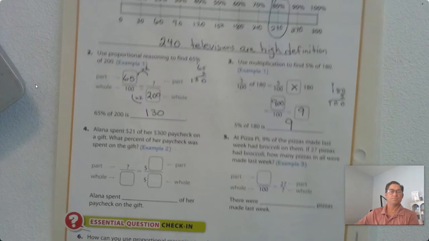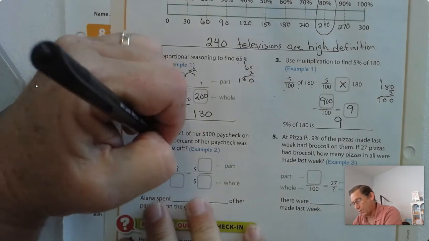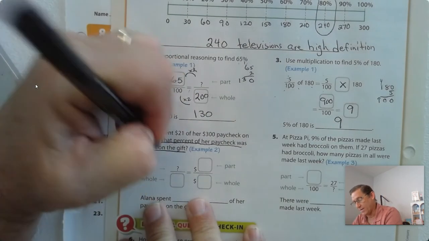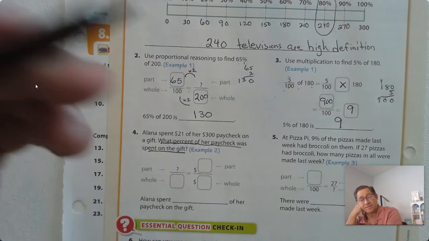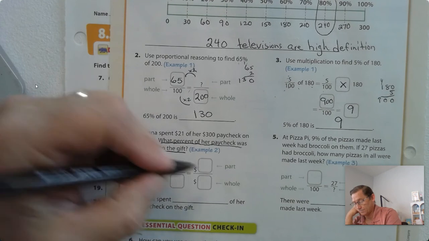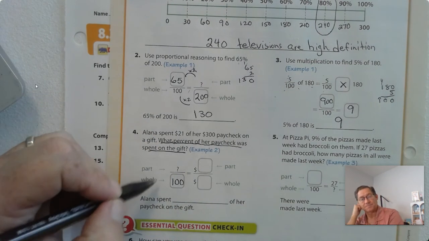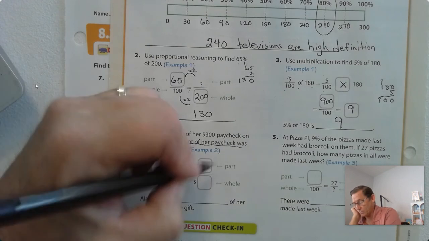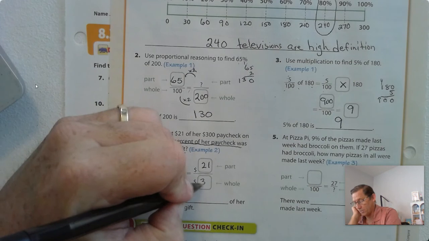Okay, number 4. Alana spent $21 of her $300 paycheck on a gift. What percent of her paycheck was spent on the gift? So we have to find the percent. So we know it's going to be some percent over 100. Okay, the percent is missing. What's the part? Well, she spent 21 out of her $300.